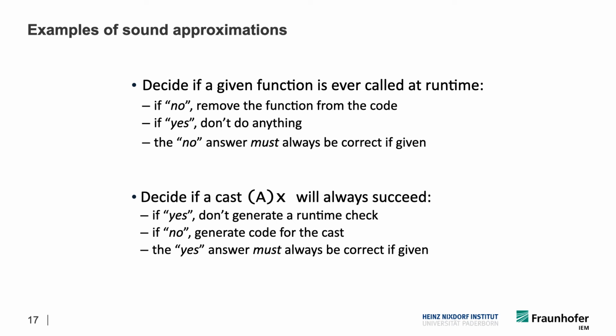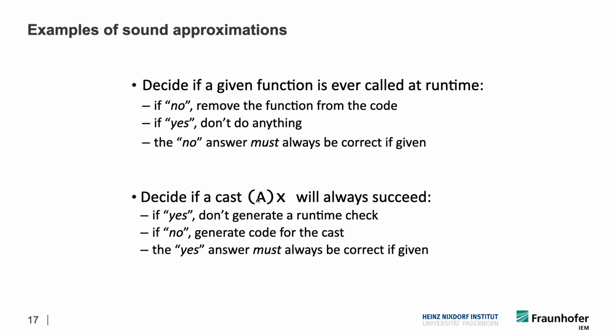The other way around, if we want to decide if a cast of X to some type A will always succeed, then we could also have an optimization that says yes. If we know that it will always succeed, then at this cast we would not generate a runtime check. So we know that this cast is always okay, and we can simply not do anything. It could be translated into a NOP operation.